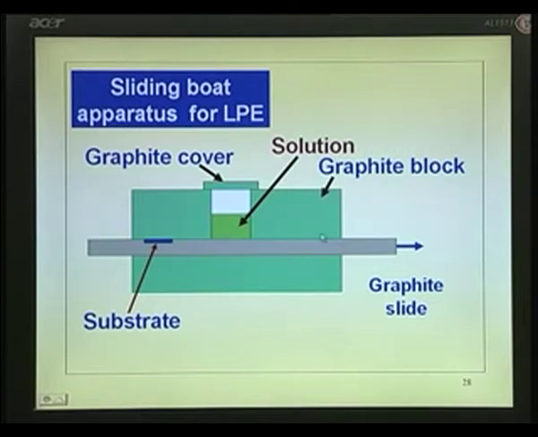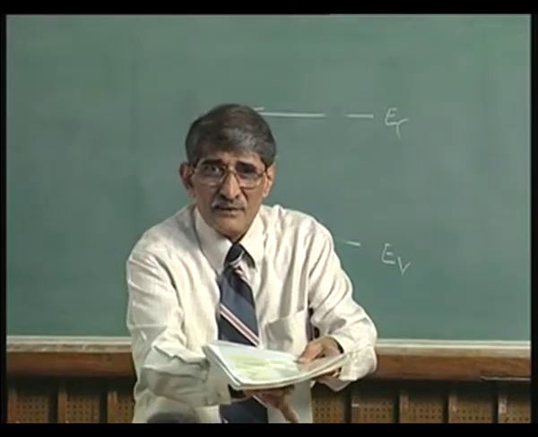This is the sliding graphite, the middle one, okay. And this entire block has a hole in which that graphite can slide. There is a hole from the top. This is a cross section. What I am showing is a cross section. So, at the top you have a hole, okay, and here up to a certain depth that hole is there.